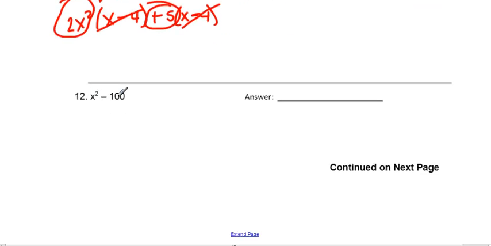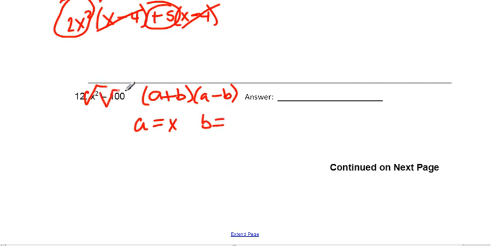Perfect square. Perfect square. And that's your answer.